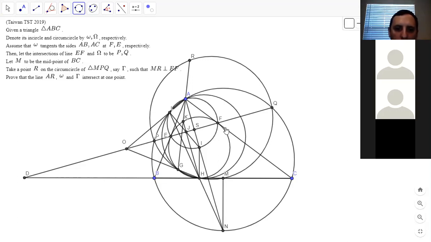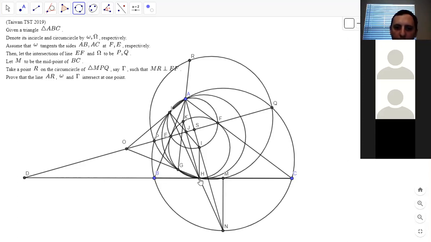So yeah, those are cyclic. So yeah, I mean, really, we can hide a lot of information in this problem.